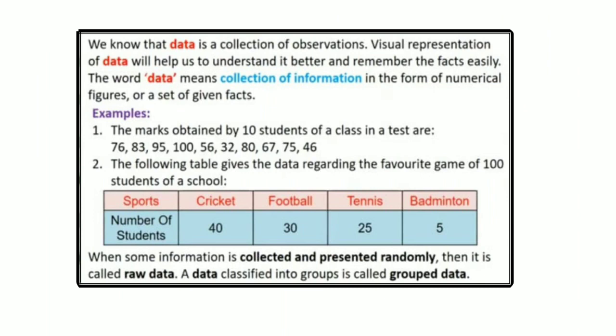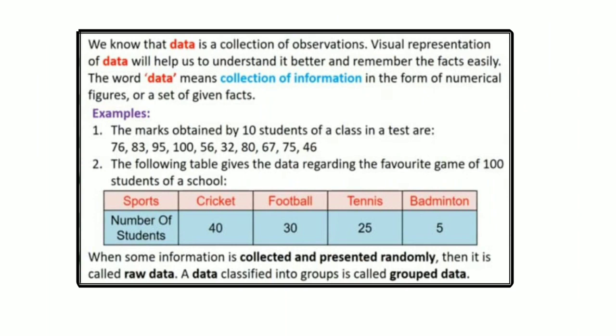In the same way, the second example is data regarding the favorite game of 100 students of the school. Here games are given: cricket, football, tennis and badminton, and the number of students: 40 students like cricket, 30 like football, 25 like tennis and 5 like badminton.